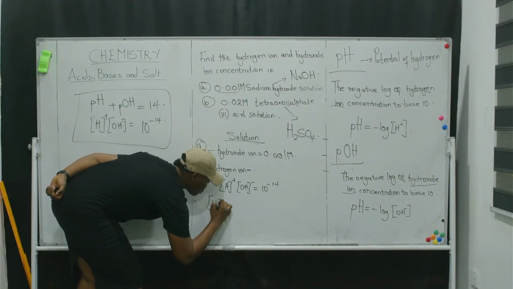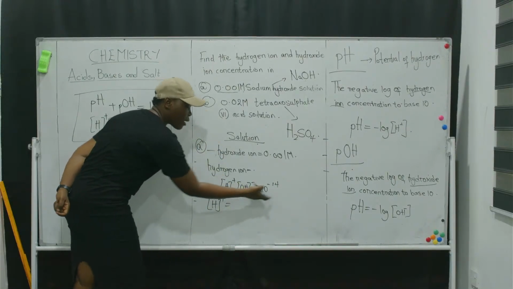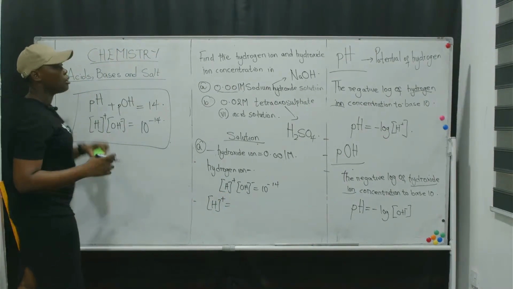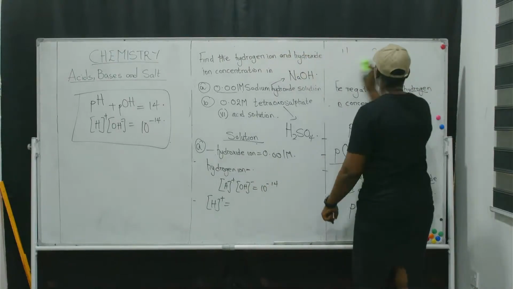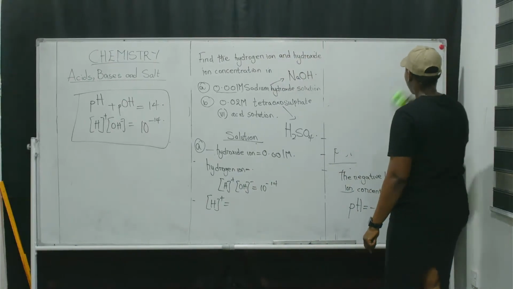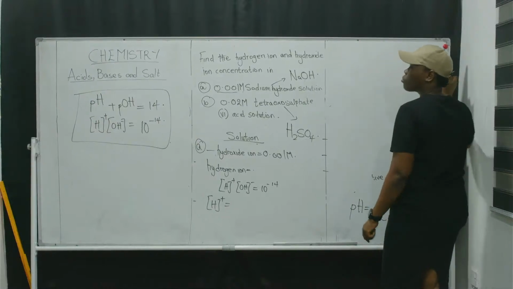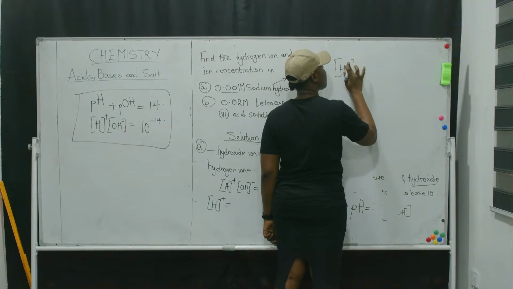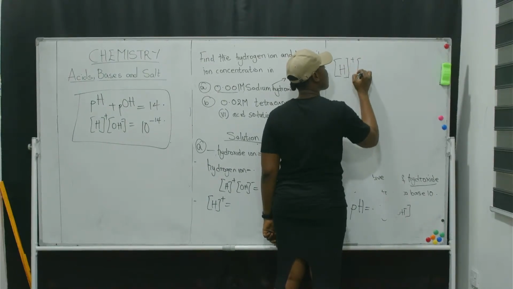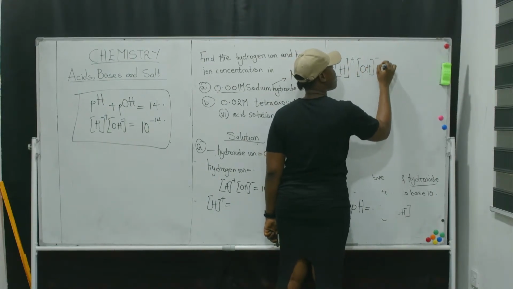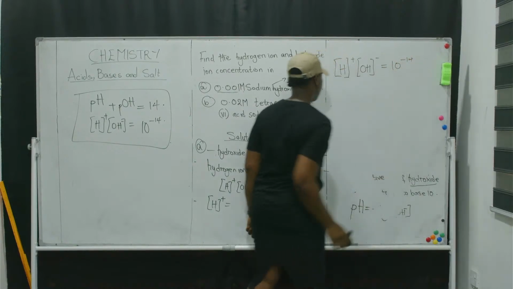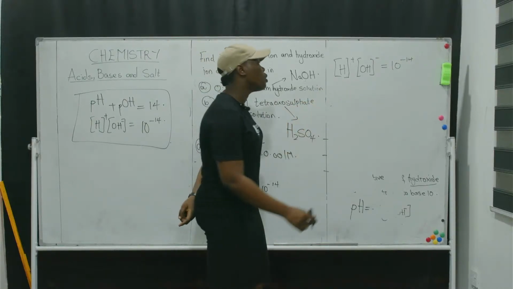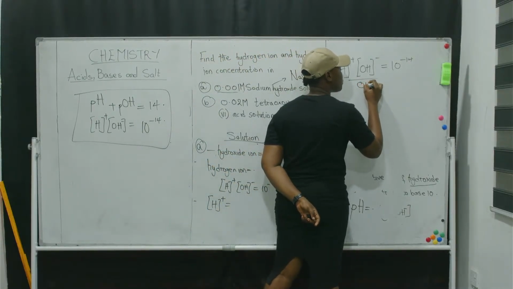Hydrogen ion concentration then equals 10 raised to power minus 14, and we divide both sides by OH. We already know OH, we're looking for hydrogen, so we divide both sides by OH.